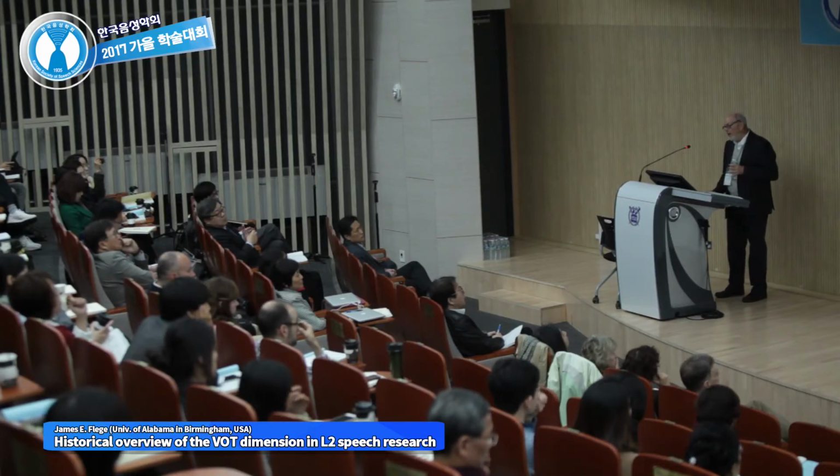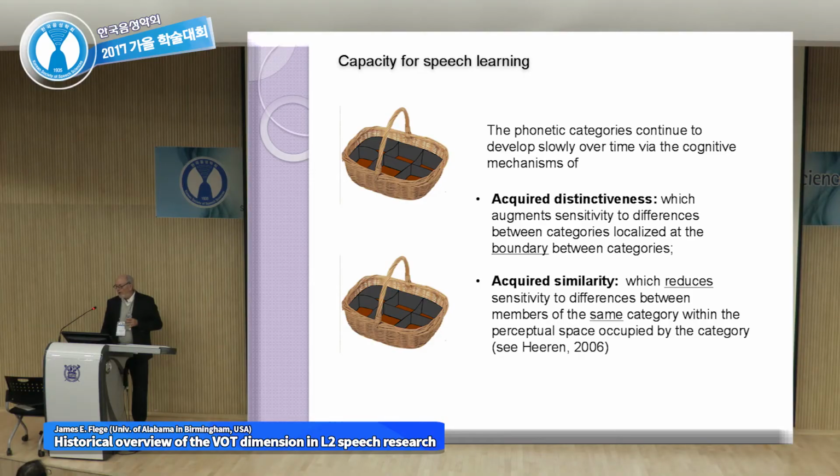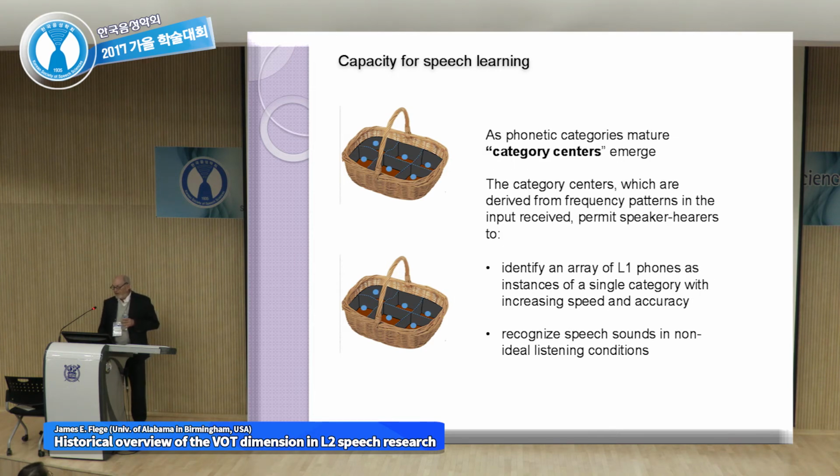The phonetic categories continue to develop slowly over time via the cognitive mechanisms of acquired distinctiveness and acquired similarity. As phonetic categories mature, category centers emerge.